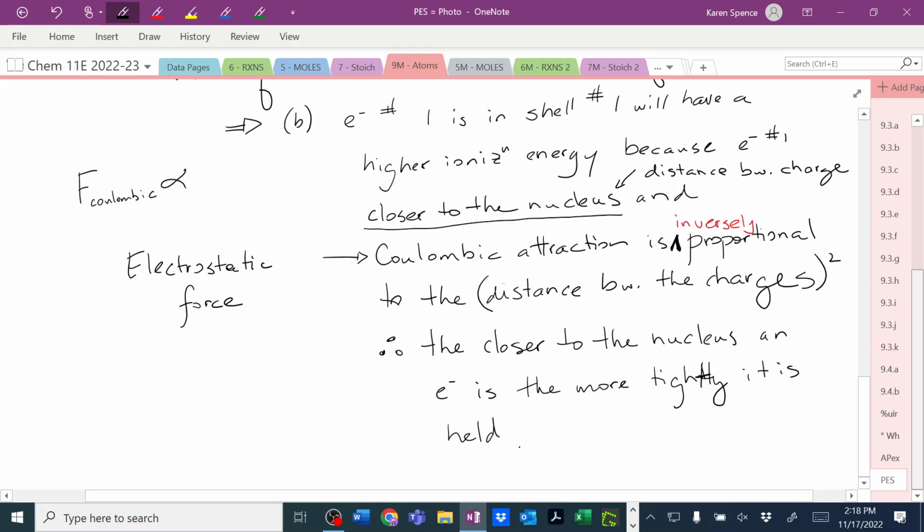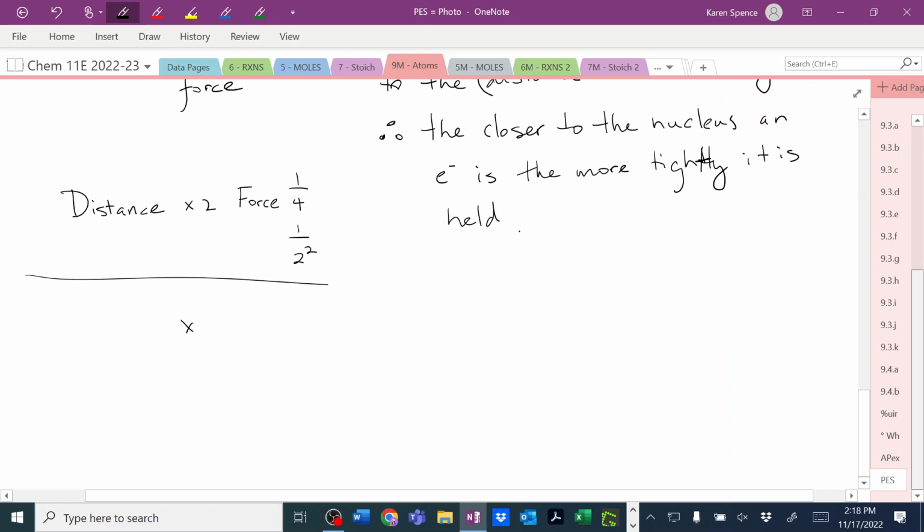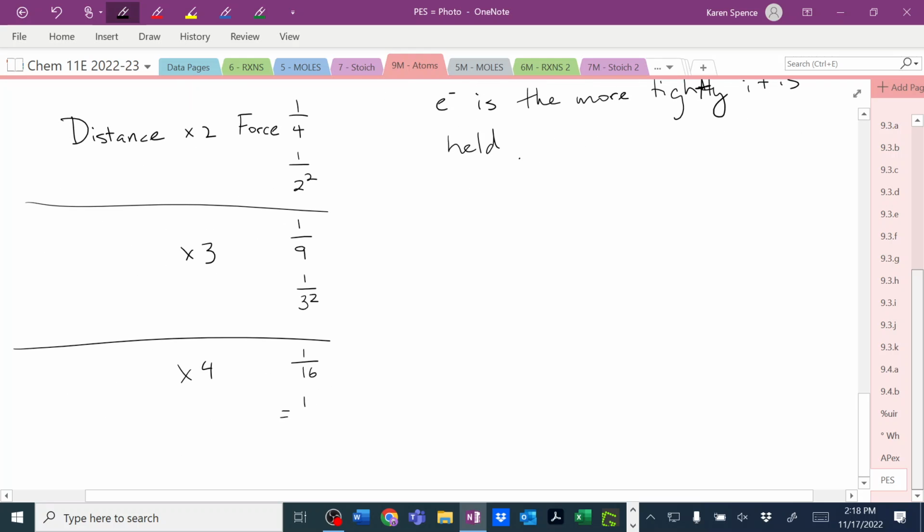When you doubled the distance, so when the distance was times 2, the force was 1 over 4, which is the same as 1 over 2 squared. When the distance was times 3, the force was 1 over 9, which is 1 over 3 squared. When the distance was 4, the force was 1 over 16, which was 1 over 4 squared.